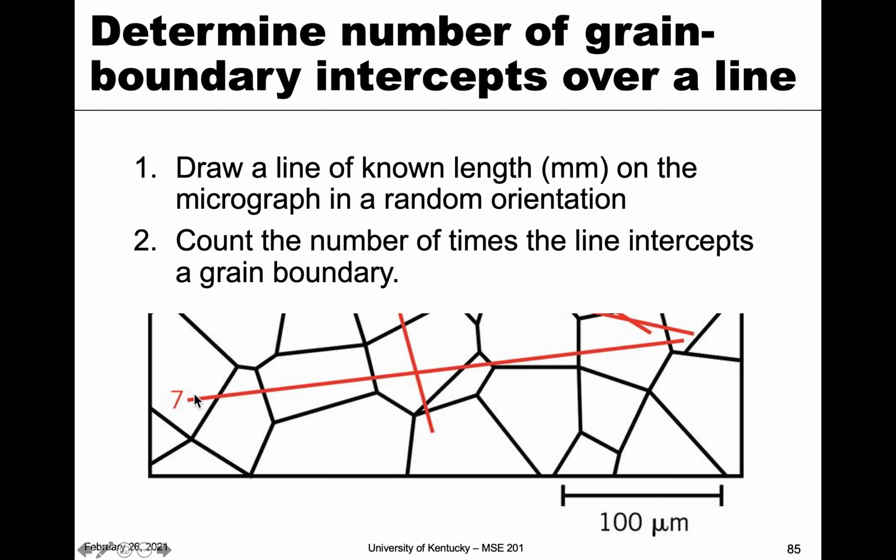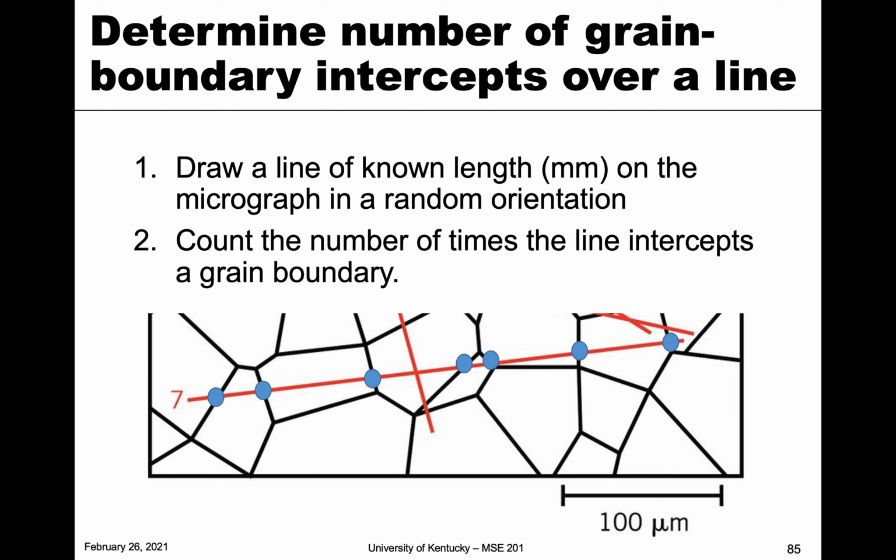In this case, if I look at line 7, what we're calling line 7 here, if we count up all the intercepts, we see one here, here, here, here, here, and here. So in fact, on line 7, there are 7 boundaries. And so we count that number and we know the length of the line.